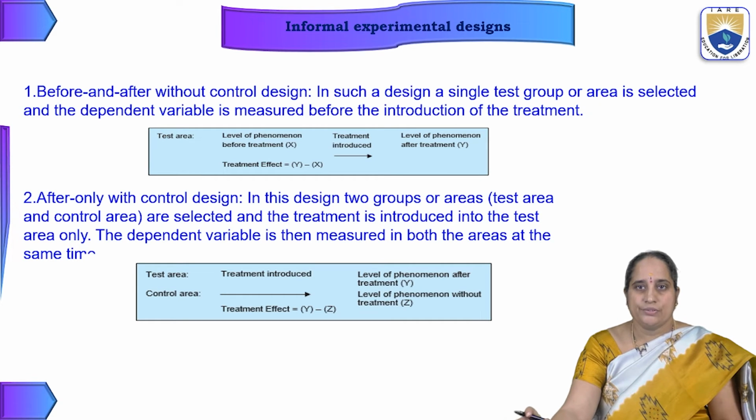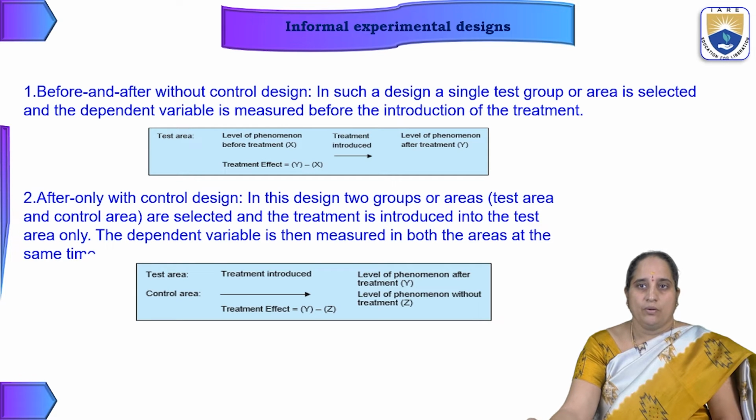If you see this tabular form, the level of phenomena before treatment, let us take it as variable X, and after introducing the treatment, the level of phenomena after treatment. The difference between these two gives the treatment effect. So how can we measure the treatment effect?